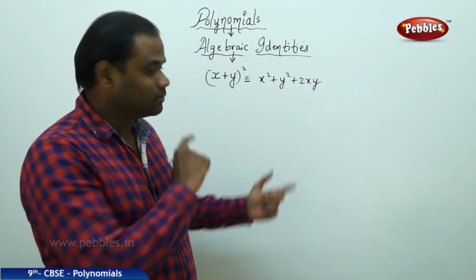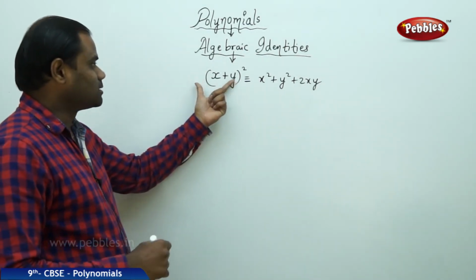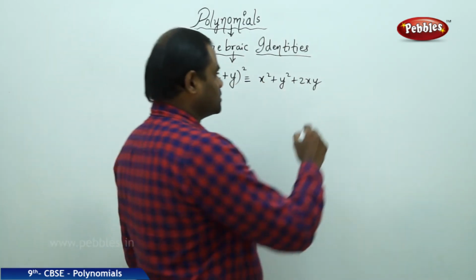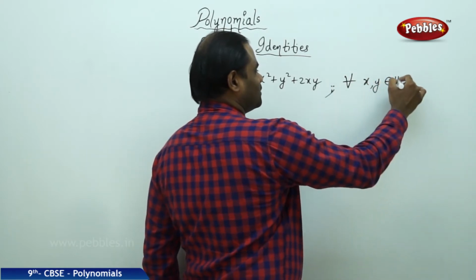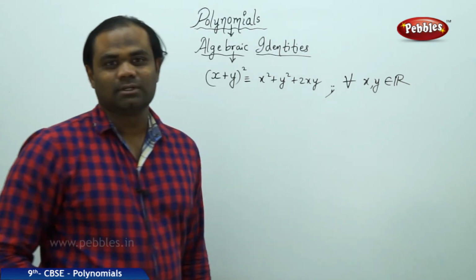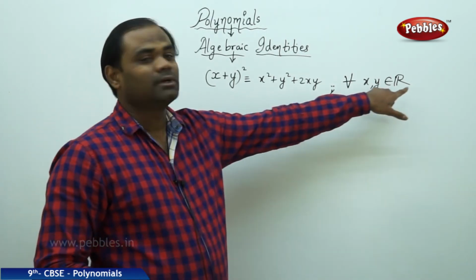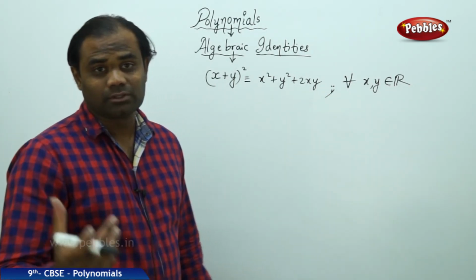Identity number 1 is how we see that this is universally equal to this, and this is true for all x, y belonging to the real numbers.